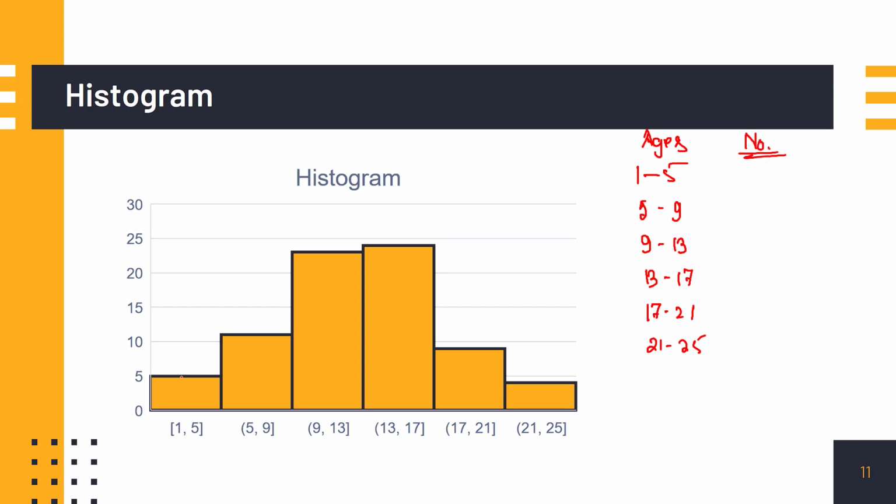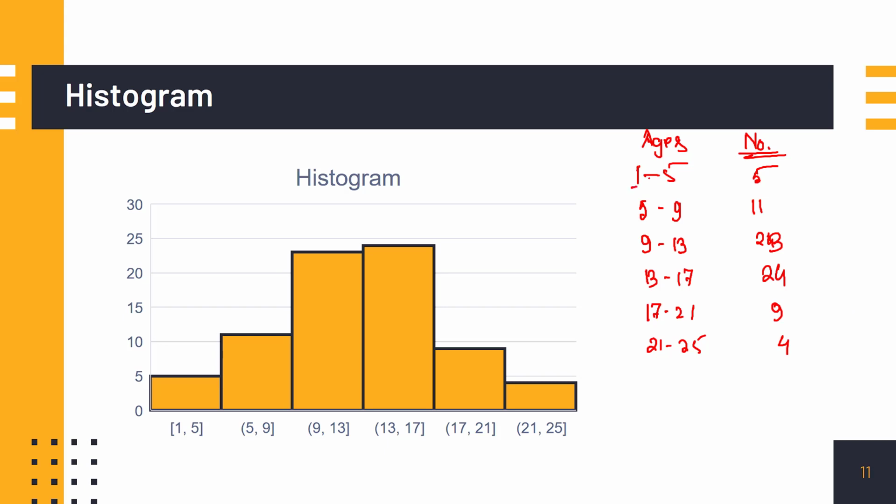That means we have 5 people in this 1 to 5 group, right? We have 11 people in 5 to 9. We have 23 people in 9 to 13, this is 24, and this one is 9, and then we have 4, right?